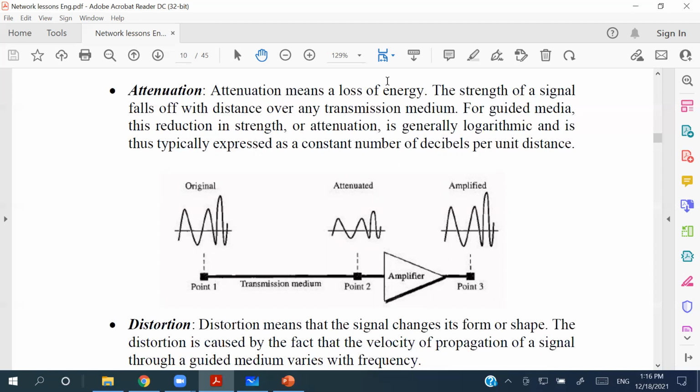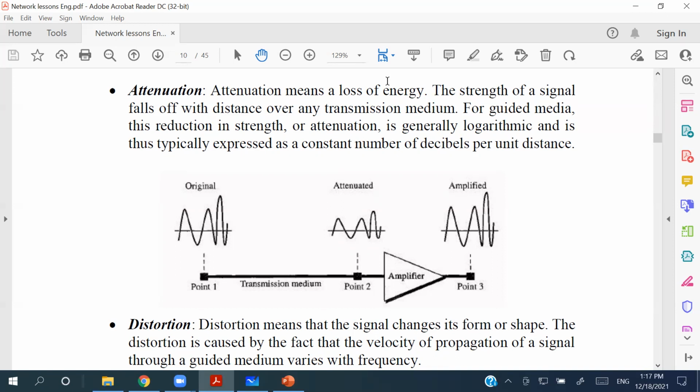When you are generating a particular signal, the source contains the highest strength of the signal. As a simple example, in a classroom, the students in the front row will be able to hear clearly what the teacher says. In the back rows, they will hear something lower than the front row people.